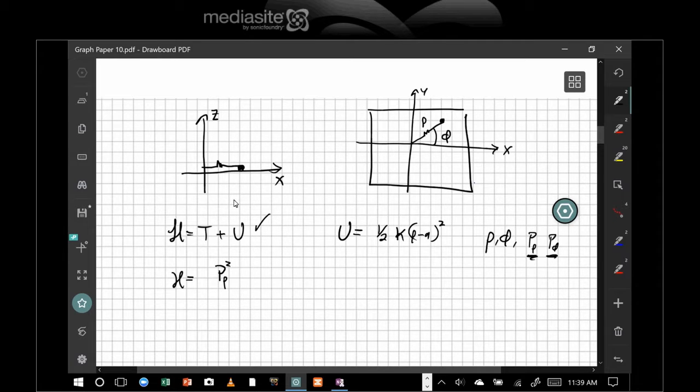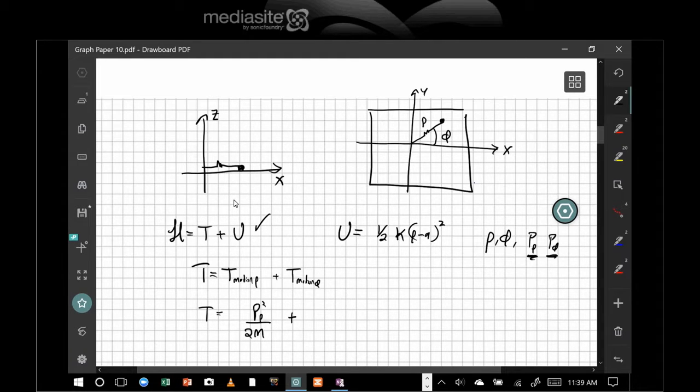Actually, let's write the kinetic energy first. There's two components of kinetic energy. One is associated with motion along rho, and then the kinetic energy of motion along phi. The motion along rho is just going to be p sub rho squared over 2m.